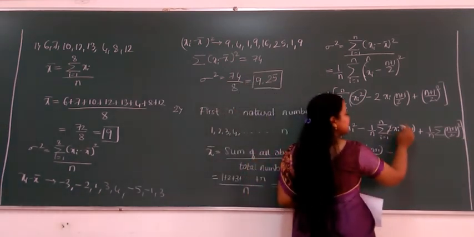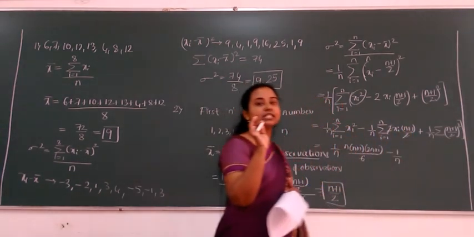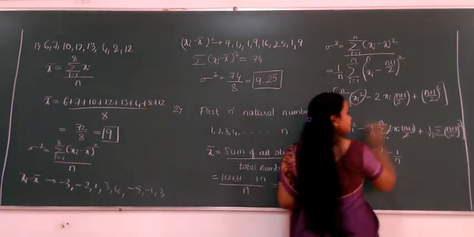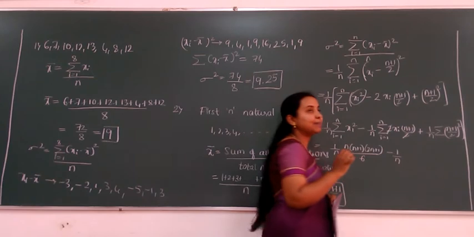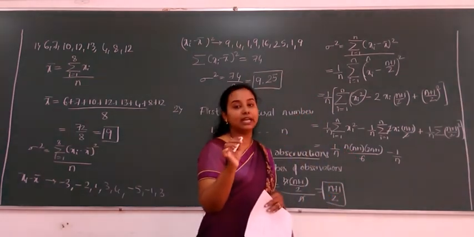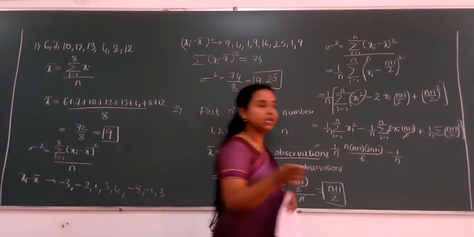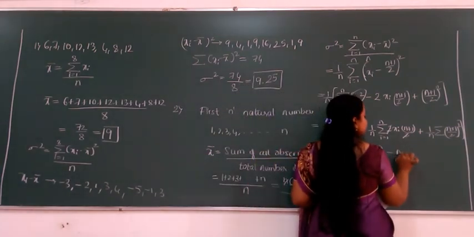So this summation is applicable for all terms where i is there. n plus 1 is a constant, and for a constant the summation doesn't apply. For example, if it is summation of 2n, then it is 2 into summation of n. This way the summation works. So n plus 1 we will take out.